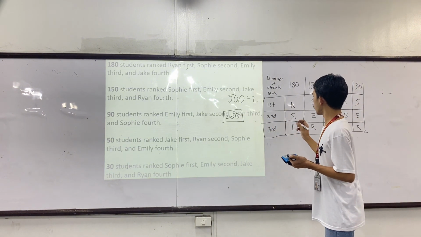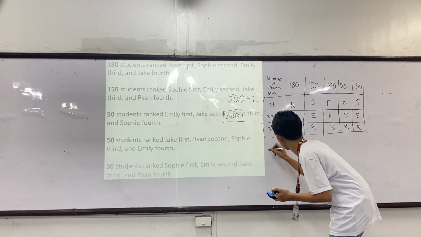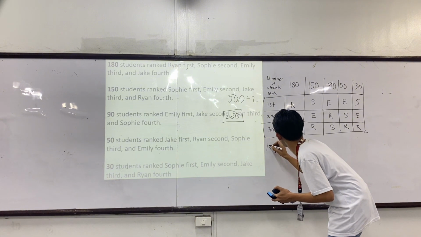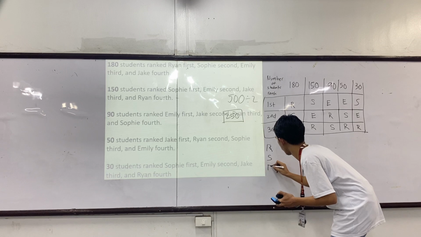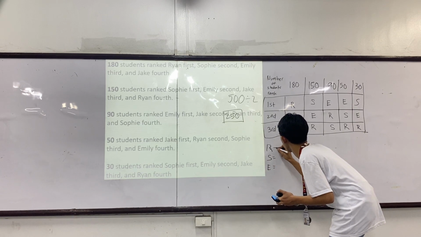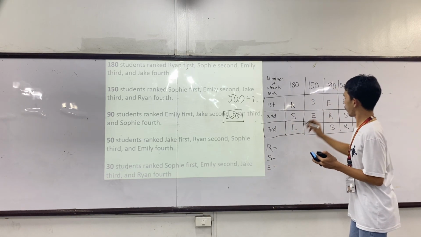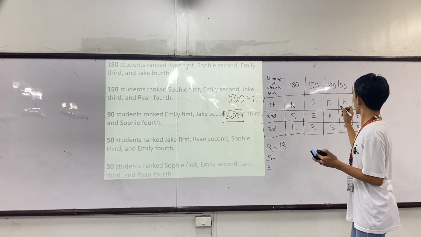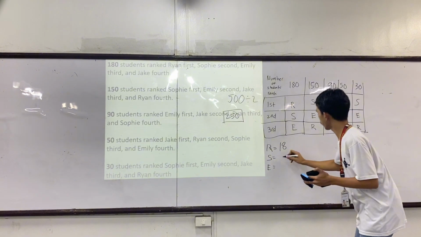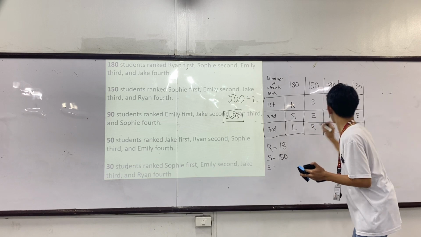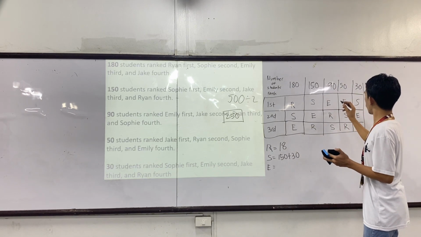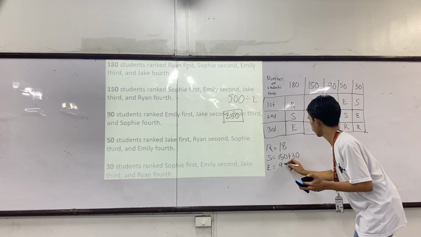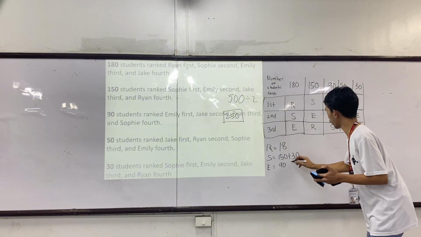So next we need to sum it again. First, this is for Ryan, Sophie, and Emily. Ryan received 180. Sophie received 150 plus 30, and Emily received 90 plus 50.